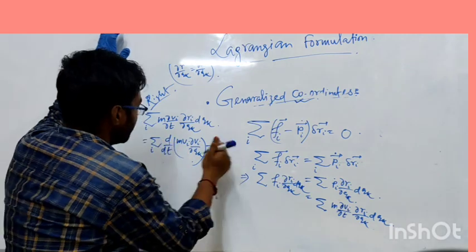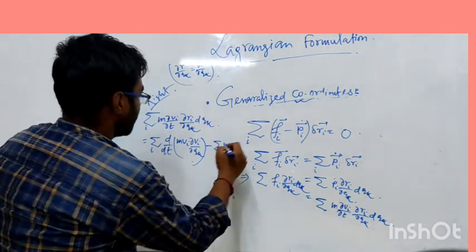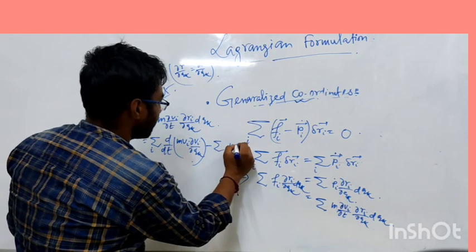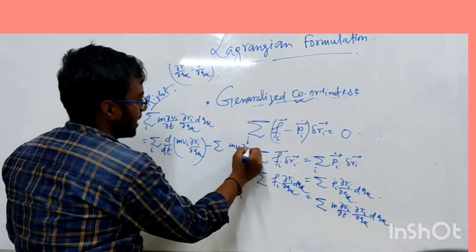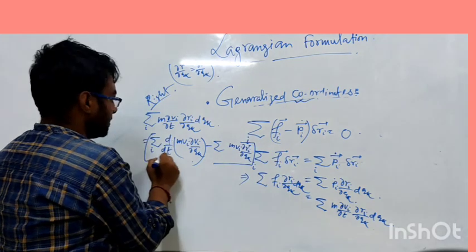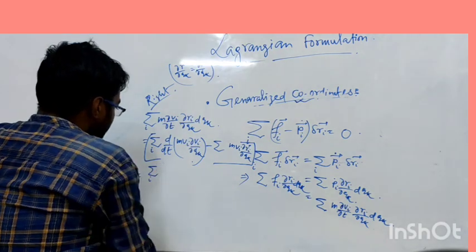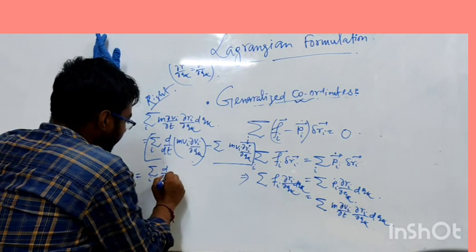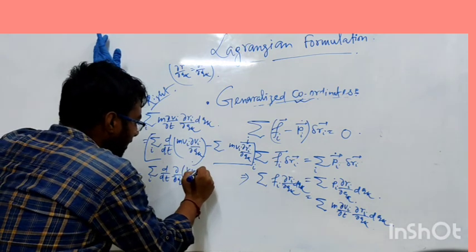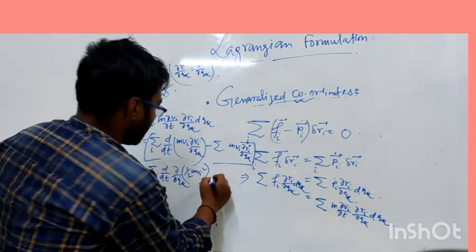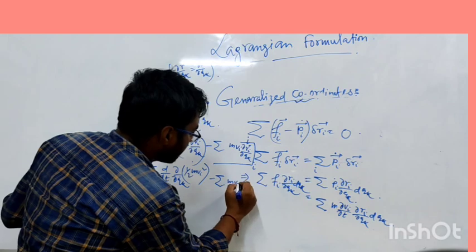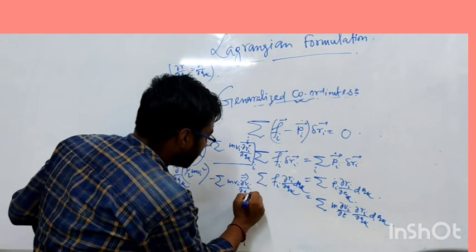summation over m, minus summation over m Vi del Ri dash del Qk. So it will give summation over d/dt of del Qk dot half of m Vi square, minus summation over m Vi del Qk.